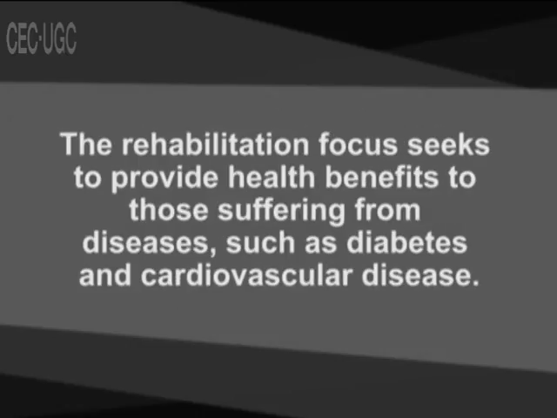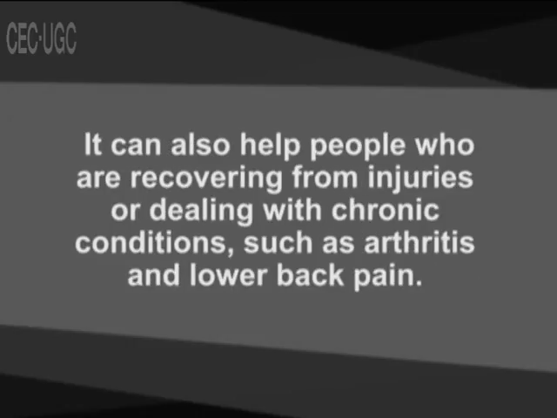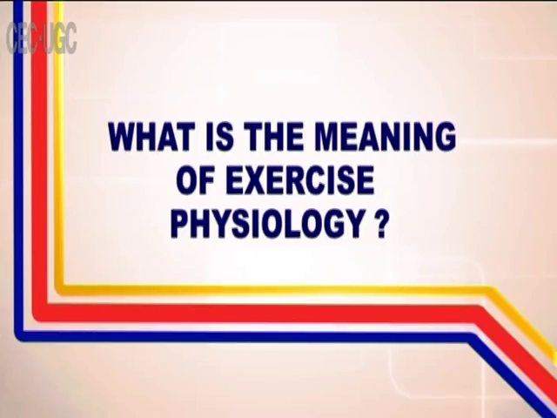The rehabilitation focus seeks to provide health benefits to those suffering from disease such as diabetes and cardiovascular disease. It can also help people who are recovering from injuries or dealing with chronic conditions such as arthritis and lower back pain.